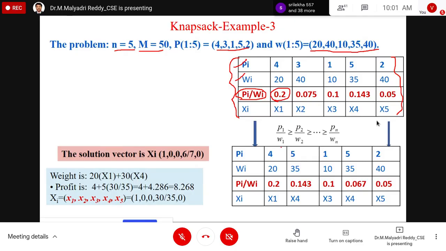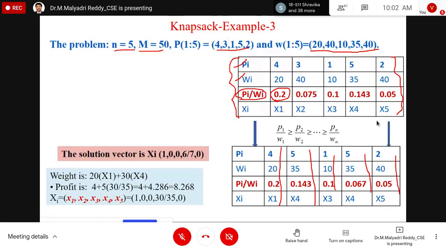That will be kept in first position. What is the next maximum value? 0.143, right? Next? 0.1, right? 0.075 and 0.05. So I simply rearrange all the objects according to the PI by WI ratio. Yes, sir. So now these are all available.